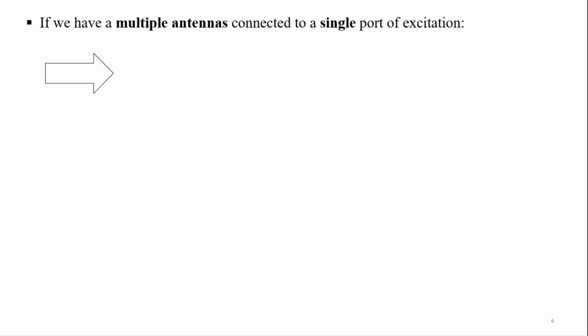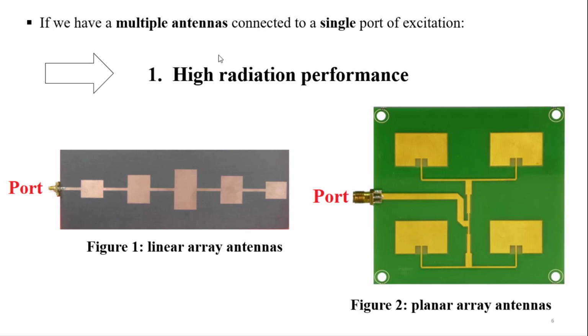Like in figure 1, we have a linear array antenna excited or powered by one single pulse, with a single feed line.